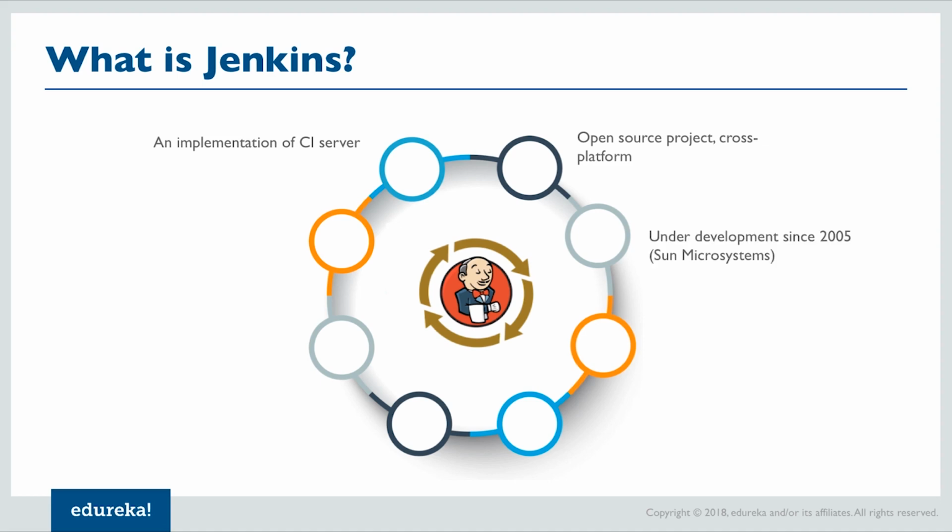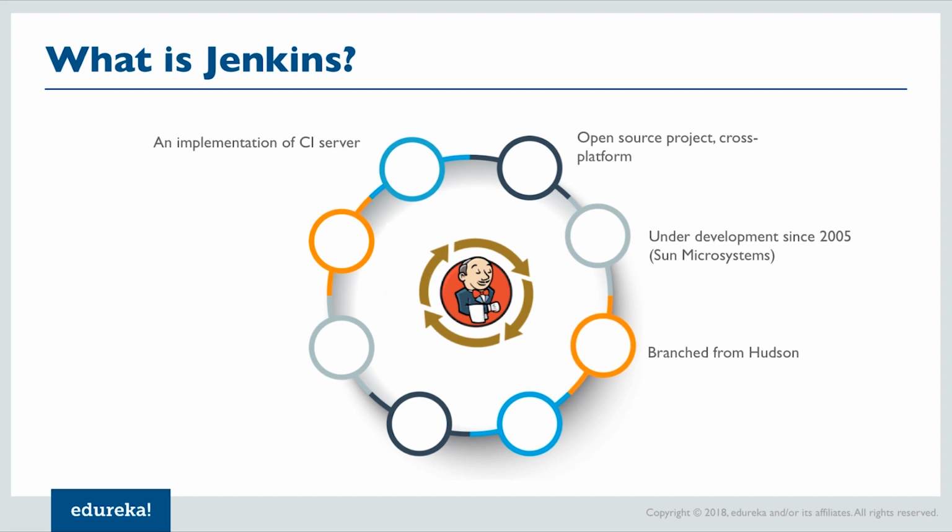It started somewhere around 2005, and when it was first written, it was by a guy called Kohsuke Kawaguchi, who was working for Sun Microsystems. As you know, Sun Microsystems was later taken over by Oracle, so it became an Oracle product. Initially it was known as Hudson. There's an interesting story behind it, you can check it out on Google to see what exactly happened.